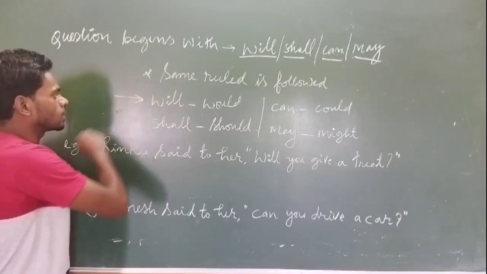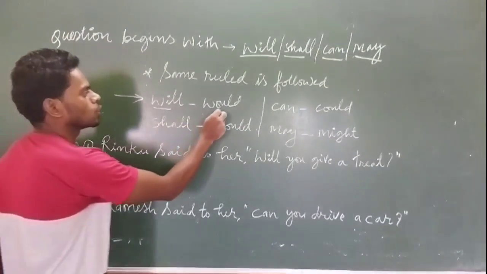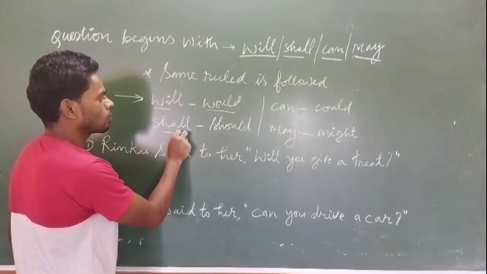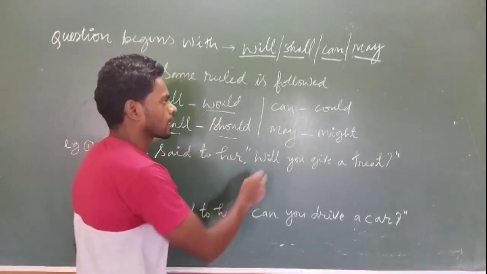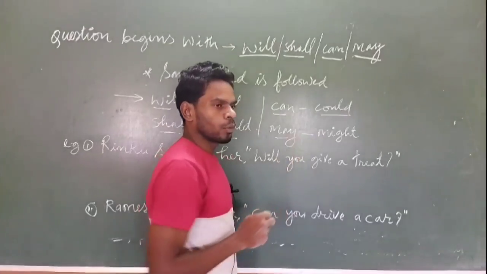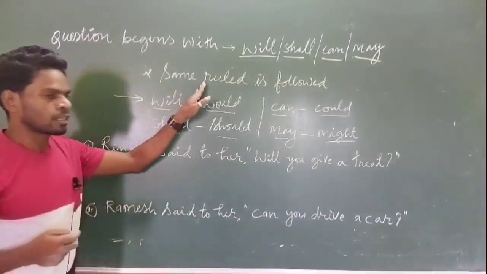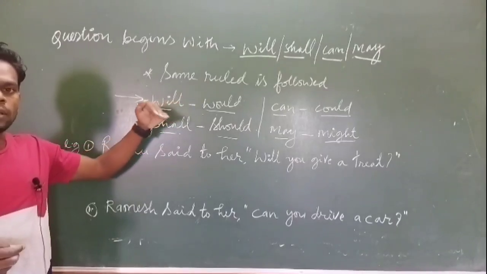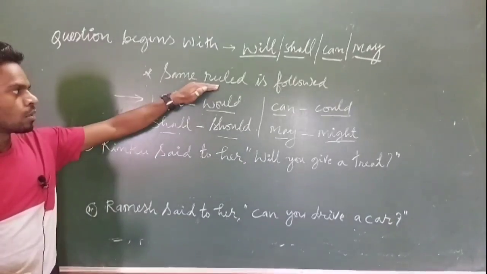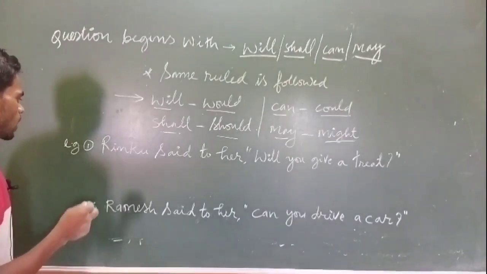Only one thing changes here: will changes into would, shall changes into should, can changes into could, and may changes into might. Otherwise, for the rest, all the rules we learned at the beginning are followed. So now let's see one example.